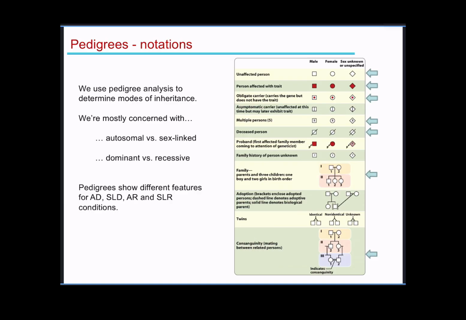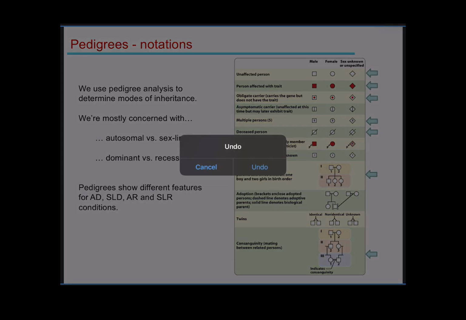That may sound a little silly, but when you're constructing a family history and you're going several generations back, some people might say, I think there was a brother or a sister, I can't remember, but this person had the condition. So whenever a medical geneticist can't specify the sex of an individual, they use a diamond.